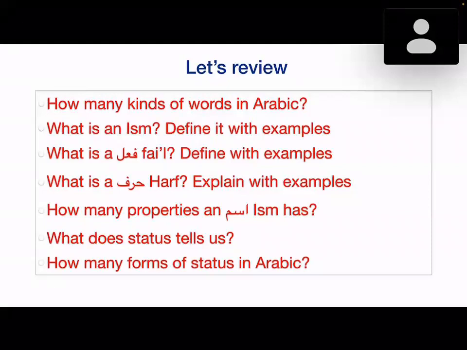Are they equivalent or are they different? No, they are different. How are they different? Adjective, adverbs, and everything. No, no, I'm just talking about fail. I'm not talking about ism right now. Adverb is going to go in the category of ism in Arabic.